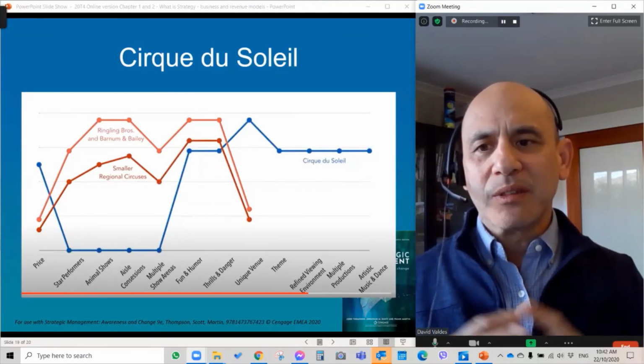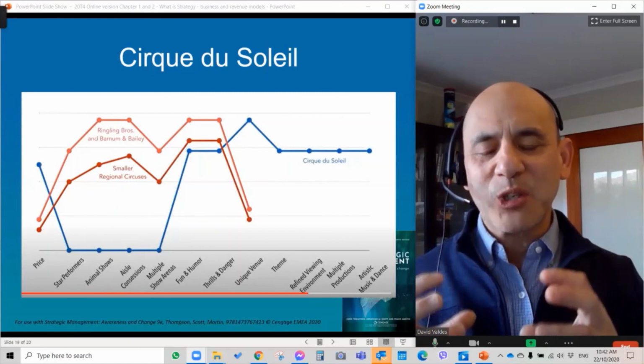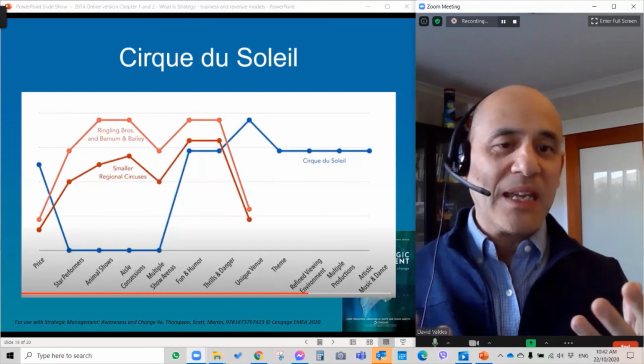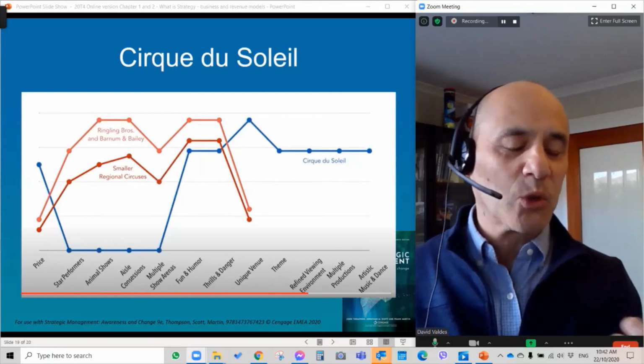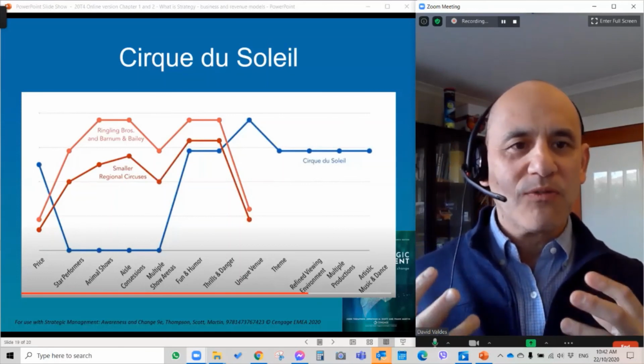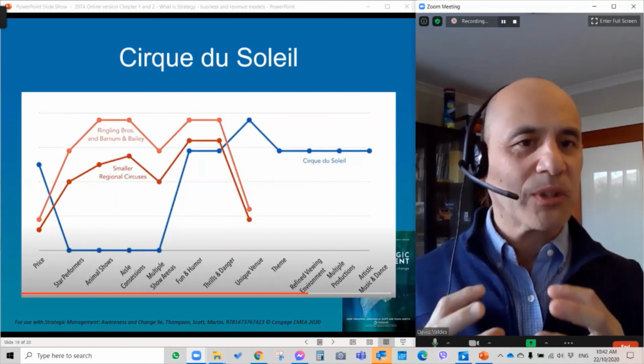And so probably one of the biggest success features of having no animals is the fact that you don't have to pay to feed the animals, to take care of the animals, which you might know is really the most expensive part of having a circus, is caring for the animals.